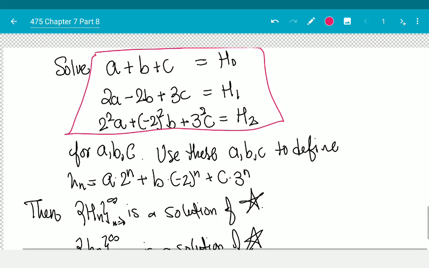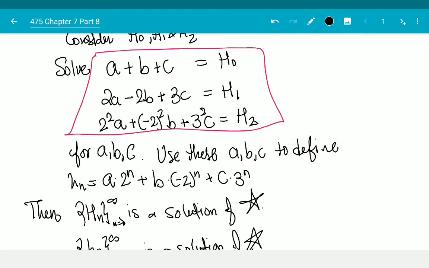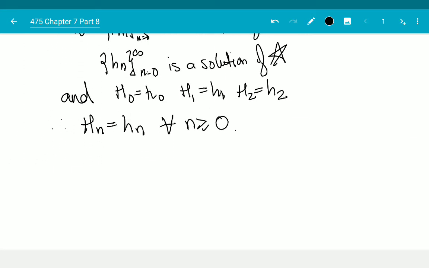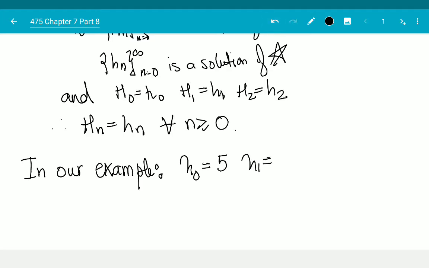Now solving these equations can be painful, right? Generally, if I'm giving you questions, they'll be easier, but otherwise you'll have to work them out. So going back to our previous example, we have h of 0 equal to 5, h of 1 equal to negative 11, and h of 2 equal to 15, right?